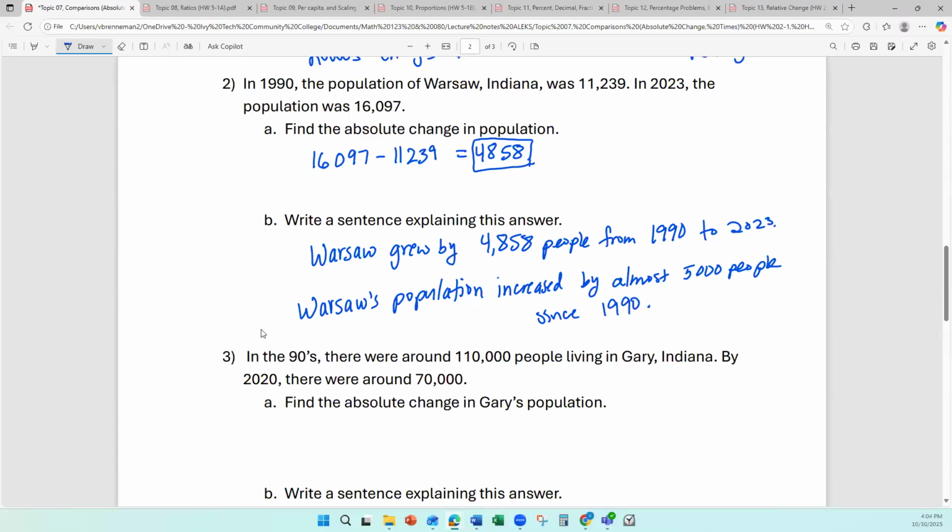When you're putting into a sentence, you can round off to a more round number that's easier to understand as long as it's reasonably close, and you throw in some sort of word like almost, about, or just over, something that indicates that it's been rounded off. Here, saying almost 5,000 is also a hint that it's not just rounded to 5,000, but it rounded up to 5,000. The different things you can do with the words there.